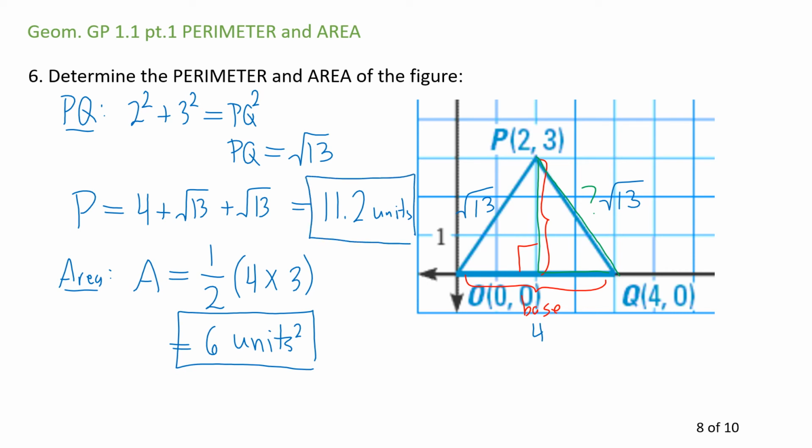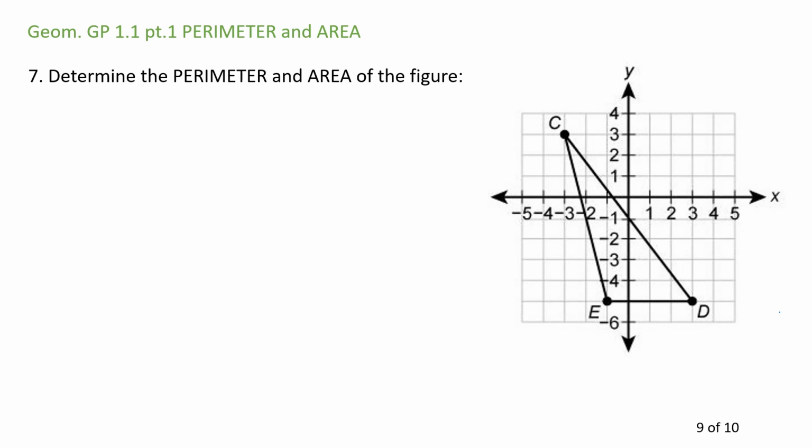Look at number 7. Don't panic. This asks for the perimeter and the area. I think I'm just going to stick with the perimeter and omit the area on this one. I said that backwards. I'm actually going to do the perimeter, the area. The base on this one is 4. It's only this portion here, not all the way out.